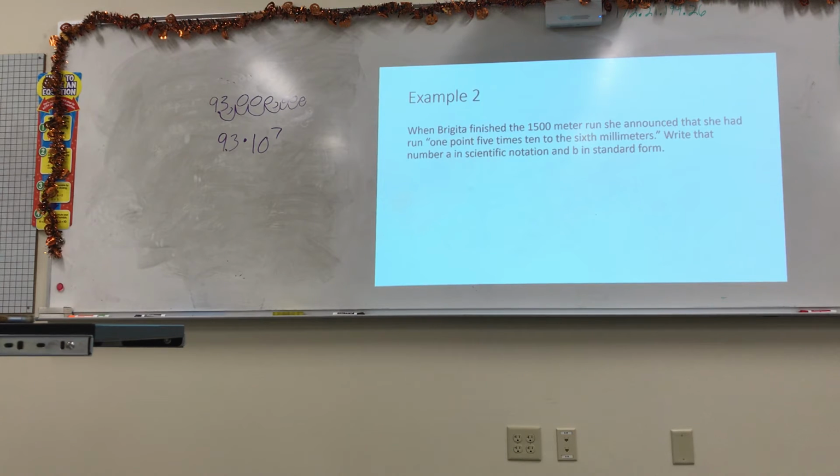When Bridget finished the 1,500 meter run, she announced that she had run 1.5 times 10 to the 6th millimeters. Write that number in scientific notation.